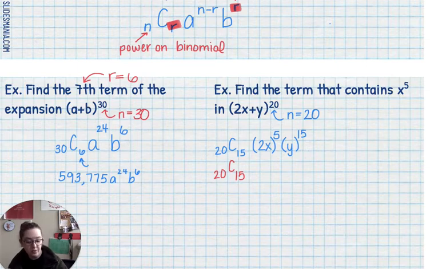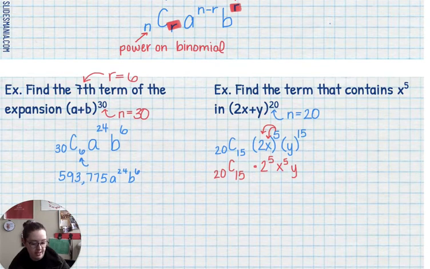But then also don't forget that to the 5th power goes to both of those things inside. So I'm going to have to multiply that by 2 to the 5th, x to the 5th. And then we have y to the 15th. So in my calculator, I'm going to put the numbers.